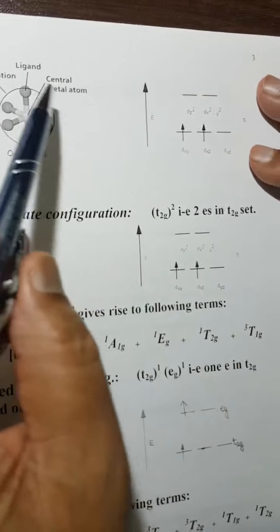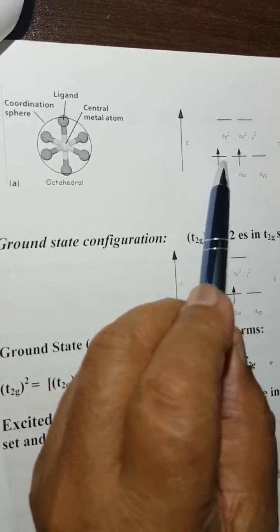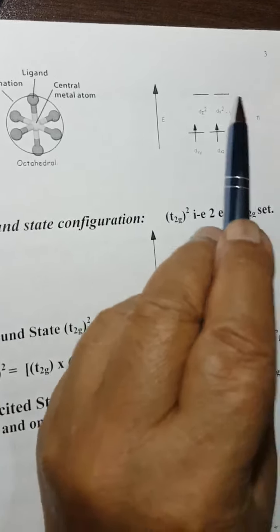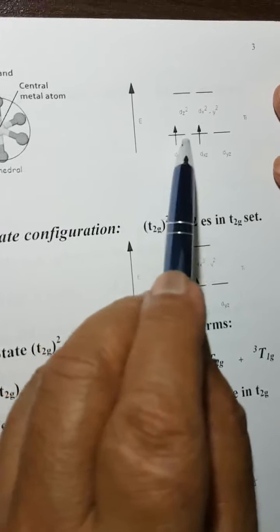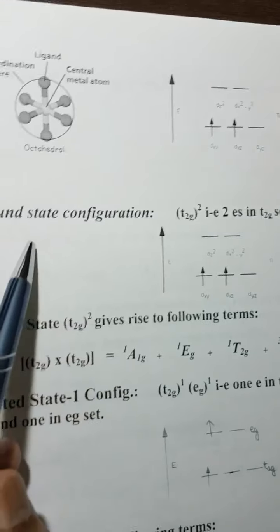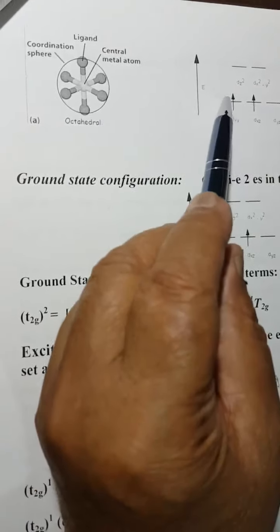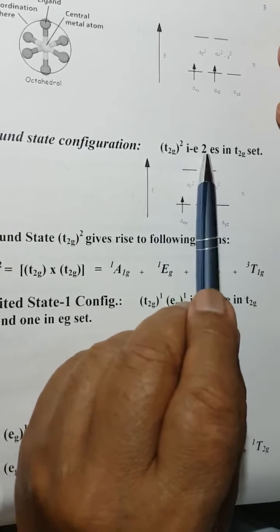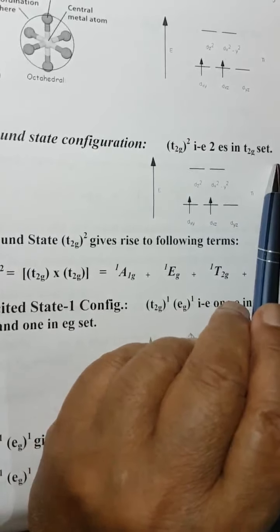These 2 electrons, as a result of these ligands, the 5d orbital splits into t2g and eg, and the 2 electrons will be here. Now, the ground state configuration here should be called t2g2, that is, 2 electrons in the t2g set.